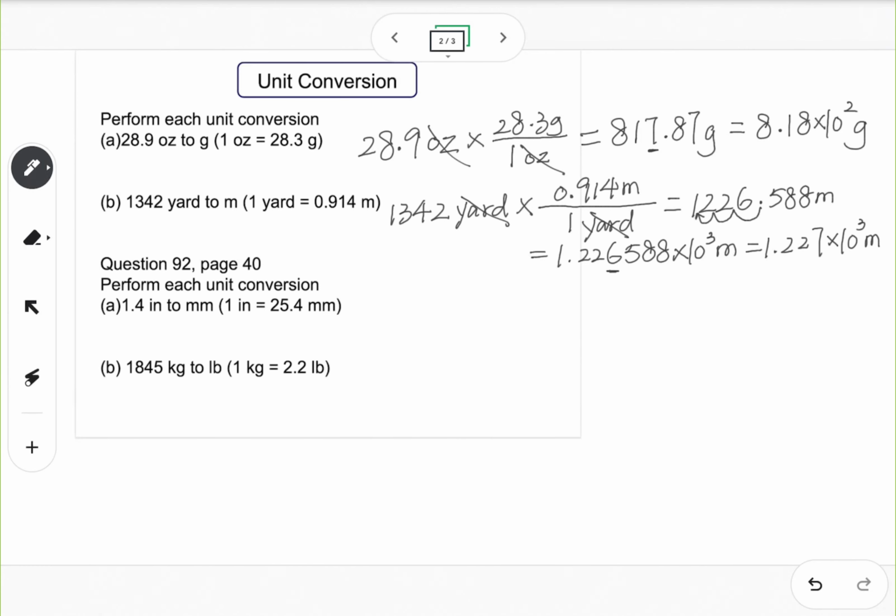Okay, well, more practice problems: from inch to millimeter, kilogram to pounds. All right, let's take a look at this conversion. Again, please remember how we use the unit conversion factor. 1.4 inch.